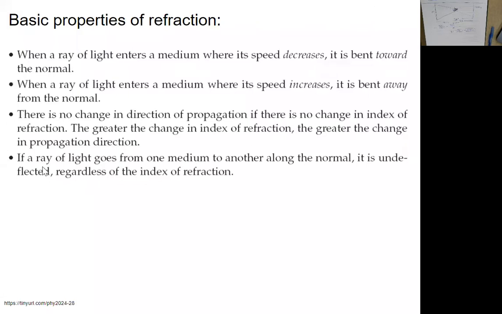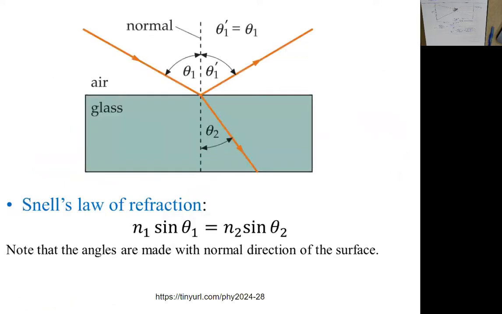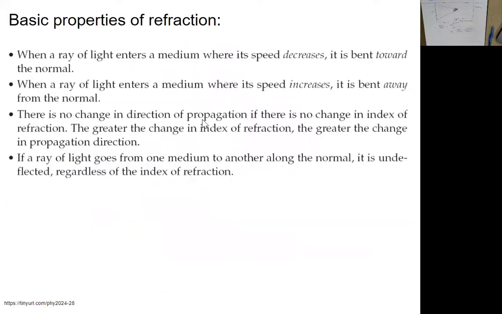The last sentence says a ray of light going from one medium to another along the normal direction is undeflected regardless of the index of refraction. From Snell's law, you can see if the incidence angle is equal to 0, so it's coming in along the normal direction, then theta 2 should also be 0. So that's the fourth sentence.